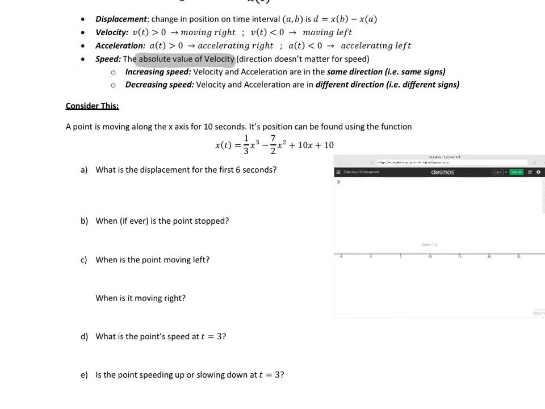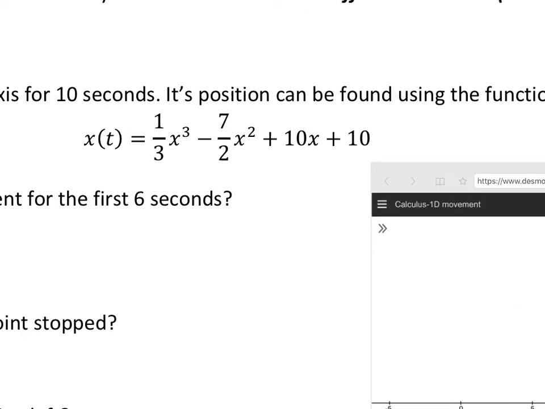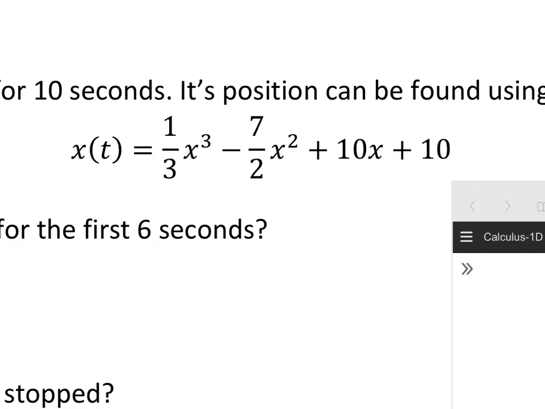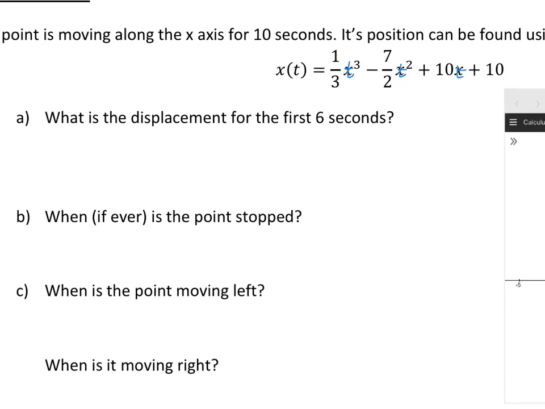Well, let's think about this. So here's our function that we just saw, and these should be t's here, a little typo there. So these are x of t. The question is, what's the displacement for the first 6 seconds?